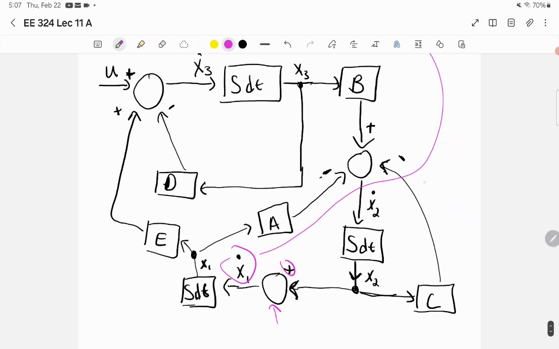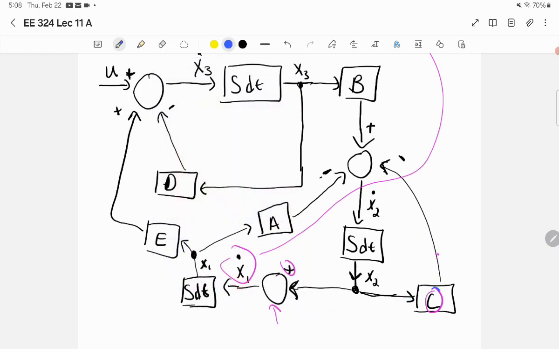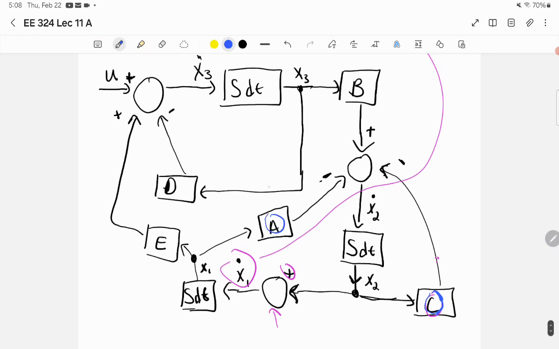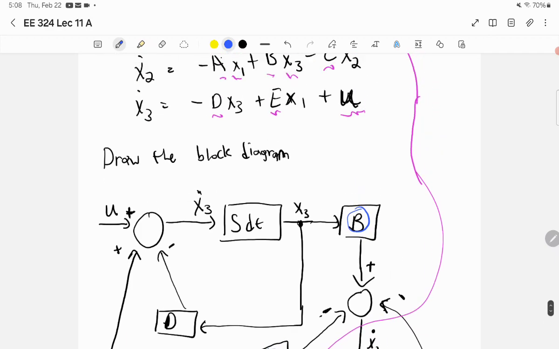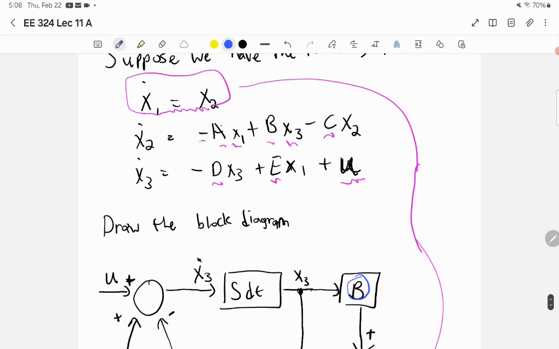So for x2 dot, I have the summer that's coming directly from C, as I said, right? Notice down here it's coming from C. Over here it's coming from A, and over here it's coming from B. And A went with x1, and it should be minus, right? Because it's minus x1.